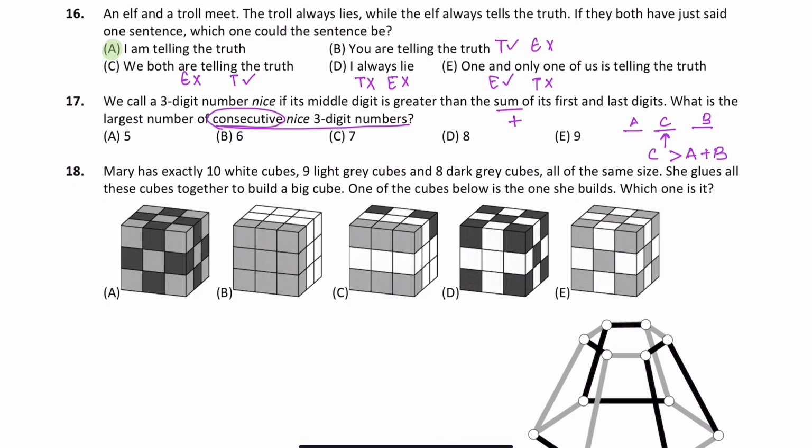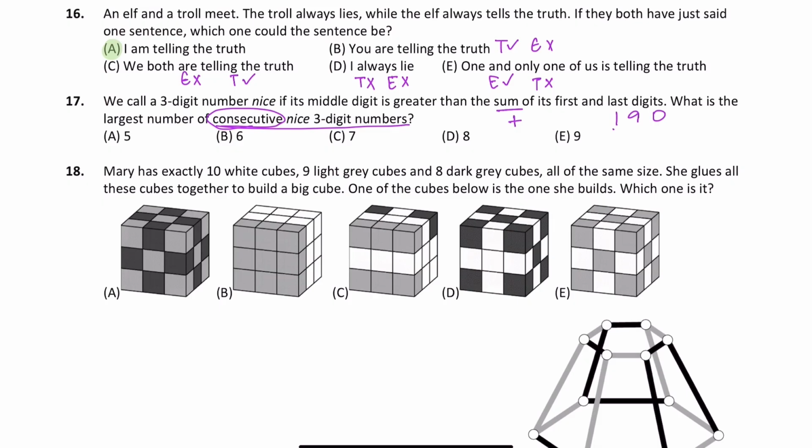If you don't know what consecutive is, it's like 1, 2, 3, 4, 5. So we need to figure out a row of numbers that will always have the middle number bigger. Now, it'll be easier if we have 9 as our middle number, right? Because we can go 190, right?